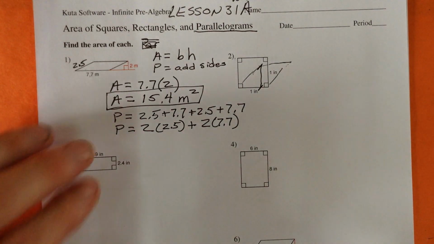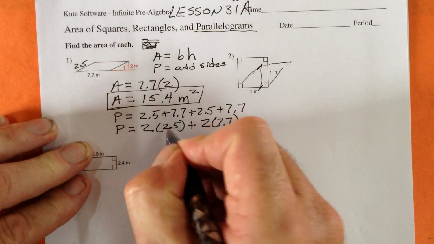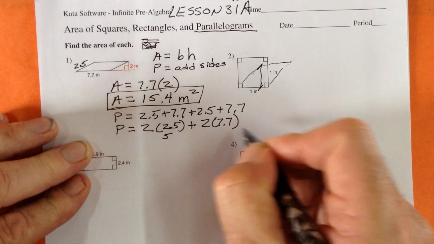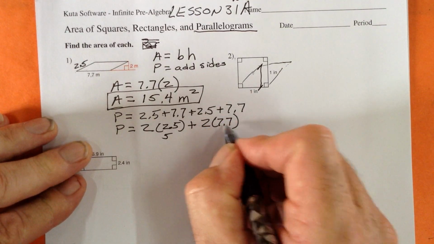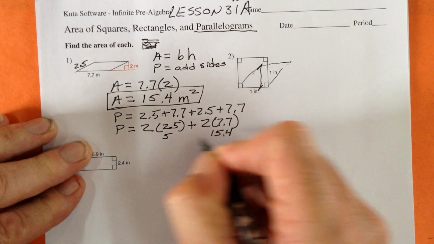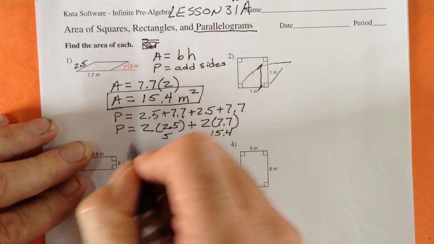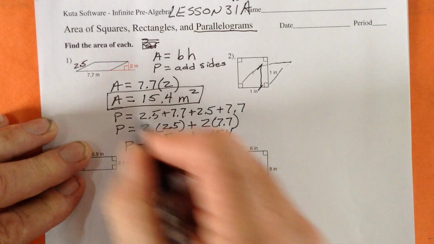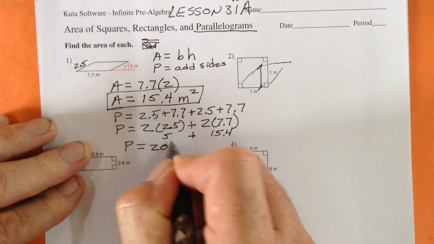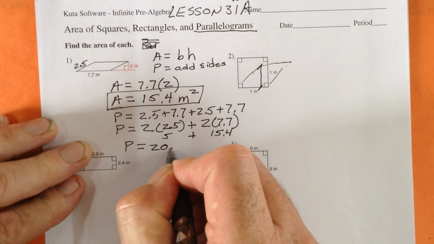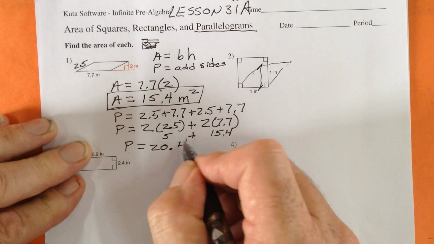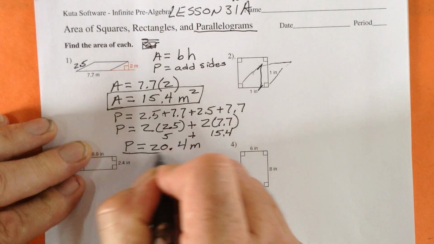This one I didn't work out already. 2 times 2.5 is 5, and 2 times 7.7 is 15.4. Add the two together, so the perimeter going around the outside would be 20.4, and this will be just meters.